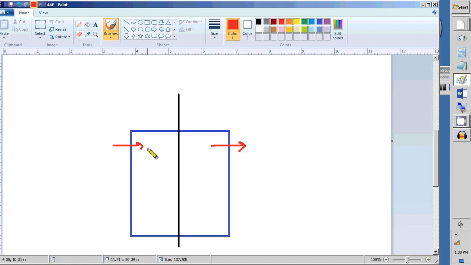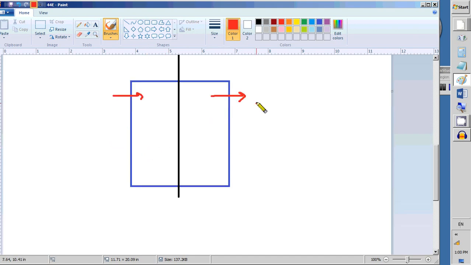There in the galvanometer the equation you come across is tau equals BINA.